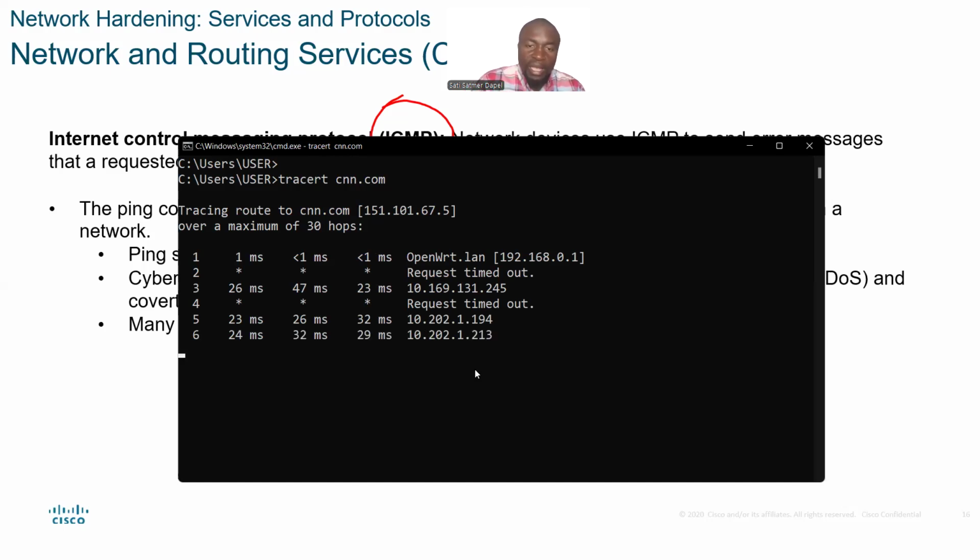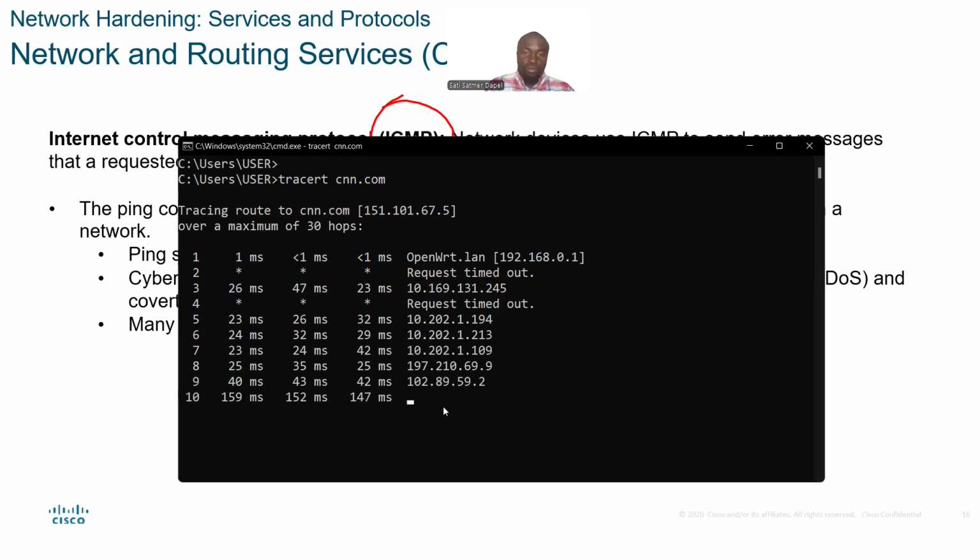So what we are seeing here are the different networks or routers that the traffic from my system passes through in order to get to CNN. All right. These are all of them. It's still moving. It has not yet gotten to CNN. It's still traveling. So it's the ICMP protocol that does that.